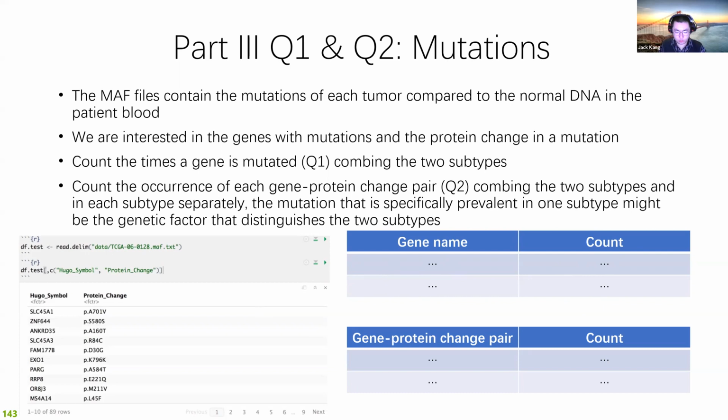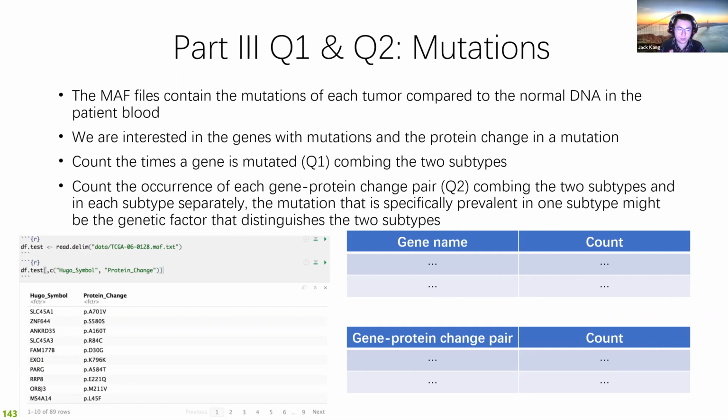And in question 2, we want you to compare the gene protein change pairs you identified in each subtype separately, and the mutation that is specifically prevalent in one subtype may be the genetic factor that distinguishes the two subtypes.